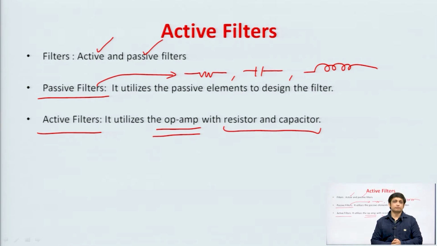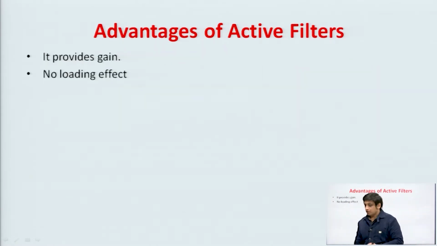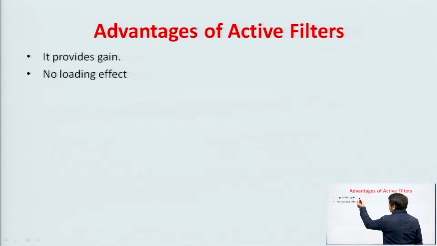There is no attenuation of the signal in active filters because the op amp provides gain. So, that is the first advantage of active filters, it provides gain, while the passive filters do not provide any gain. Another advantage of active filter is there is no loading effect.